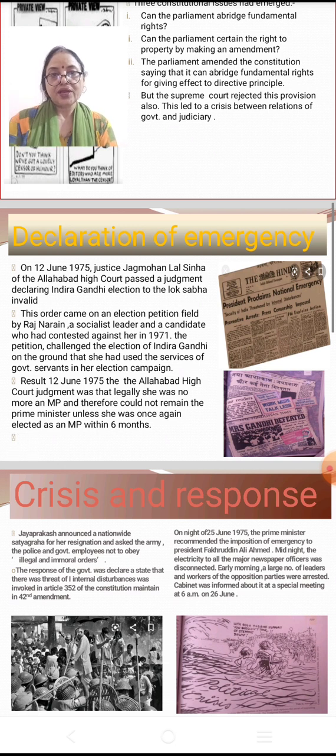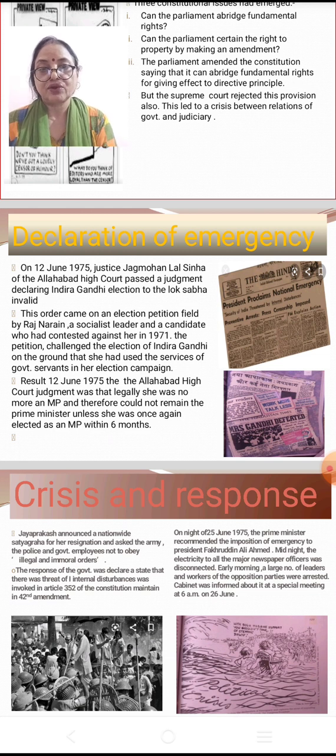Now we will know why the emergency was declared. On 12th June 1975, Justice Jagmohan Lal Sinha of the Allahabad High Court passed a judgment declaring Indira Gandhi's election to the Lok Sabha invalid. Raj Narayan, a socialist leader, had pleaded to the High Court that the 1971 election was illegal because Indira Gandhi used government property in the campaign, which was against the law and the constitution.